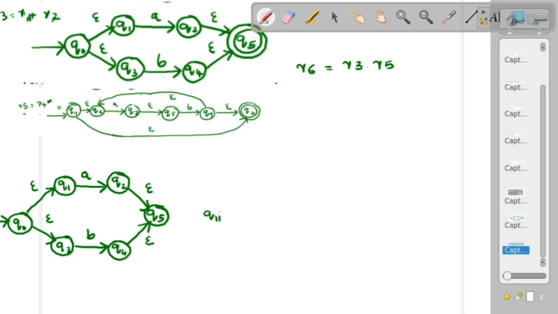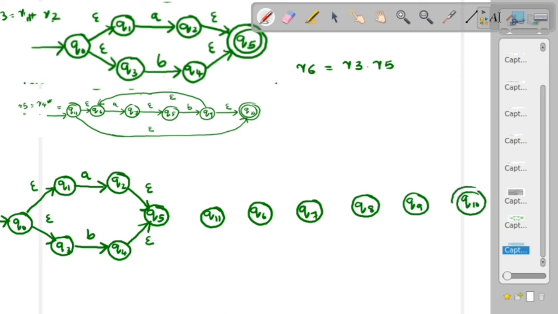So here it is Q11, then Q6, Q7, Q8, Q9, then Q10. Q10 becomes the final state.